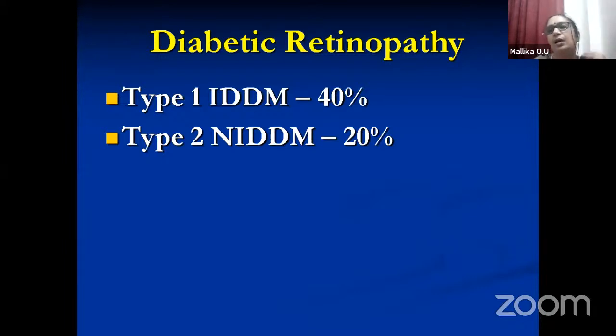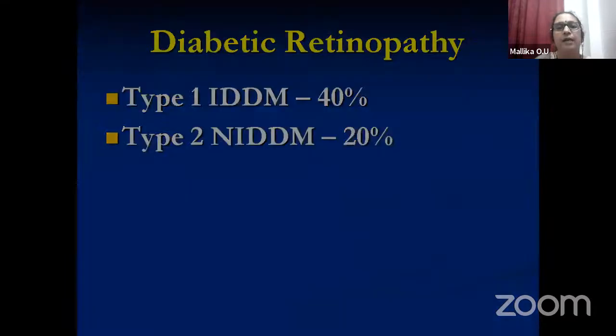So a patient who develops insulin dependent diabetes mellitus at a young age has a longer diabetic age compared to an old patient who develops IDDM at a later onset. Okay, understand? So it is the diabetic age that is responsible for the retinopathy. That is why type 1 diabetes or IDDM has more diabetic retinopathy than non-insulin dependent diabetes mellitus.